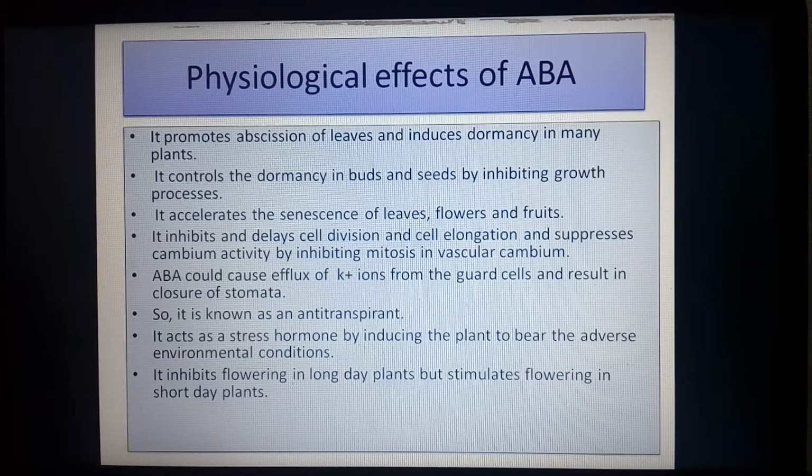LDP are also called short night plants. Mind it, in a long day plant, night period is not important, but in a short day plant, long night period is so important, because even a flash of light on the plant body, if the continuous dark period is interrupted, it does not show flowering.